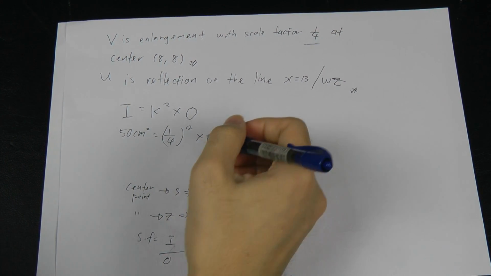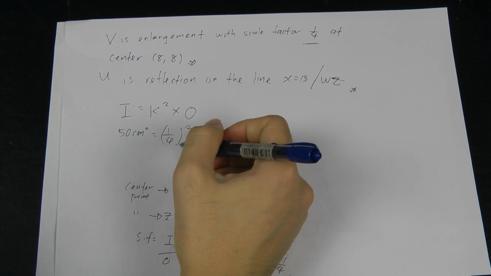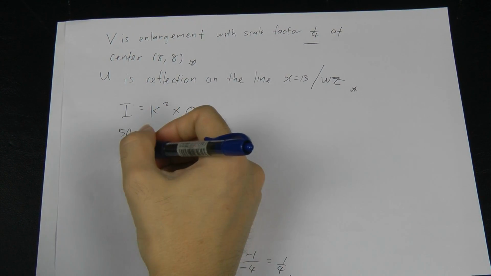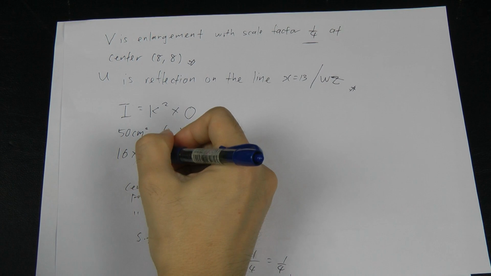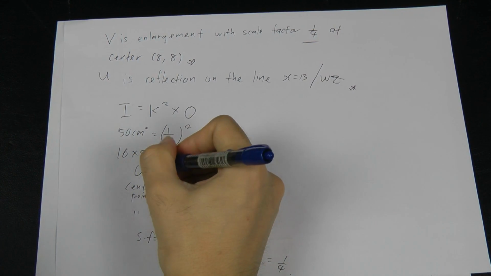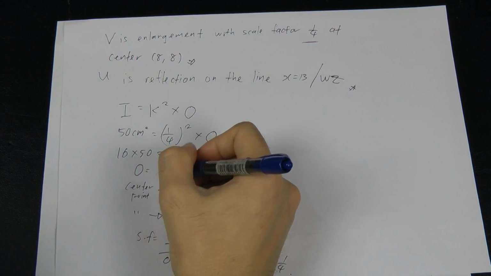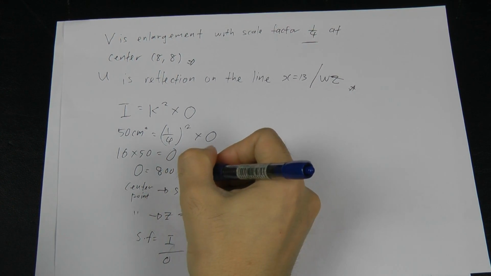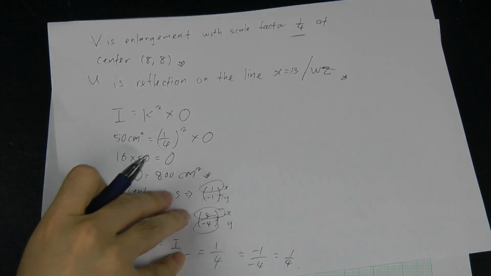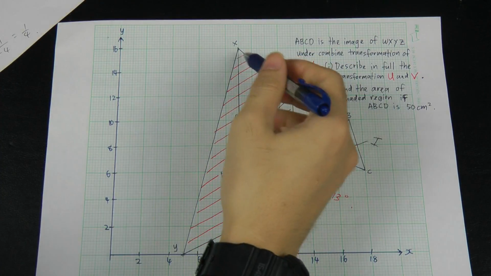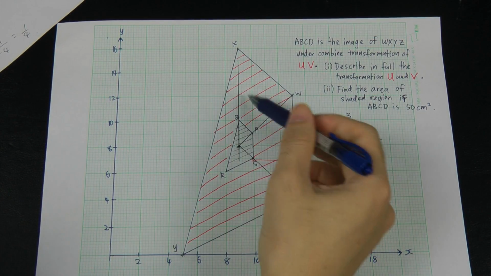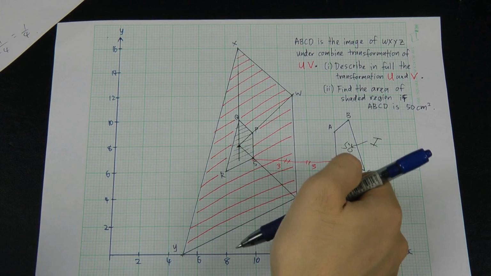O here stands for object. So this is 1 over 16. You move 1 over 16 to this side, it becomes 16 multiplied by 50 equals area of object. So the area of object is going to be 800 centimeter square. If the area of object is 800, that means the whole thing here is 800, the small one is 50, so we know the shaded region is 750.